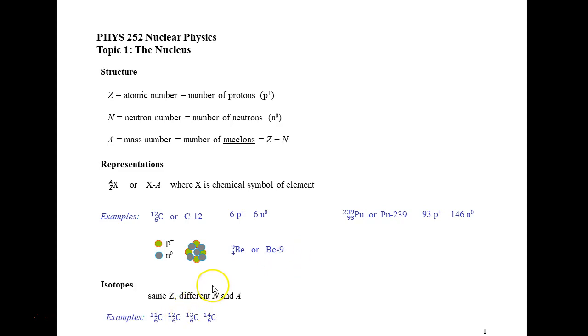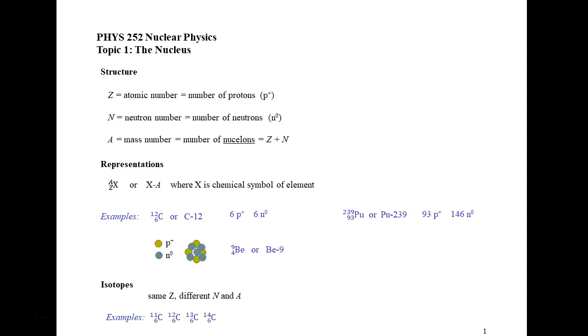Okay, isotopes. So what is an isotope? Isotopes have the same atomic number, the same number of protons, but different numbers of neutrons. So that means a different mass number. And every atomic species that we know of has more than one isotope, even little old hydrogen. There are 3 common isotopes of hydrogen.